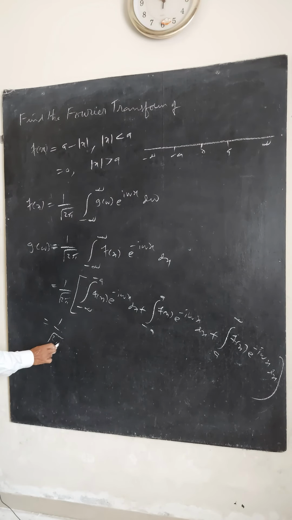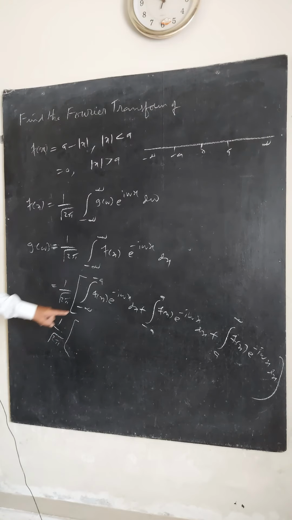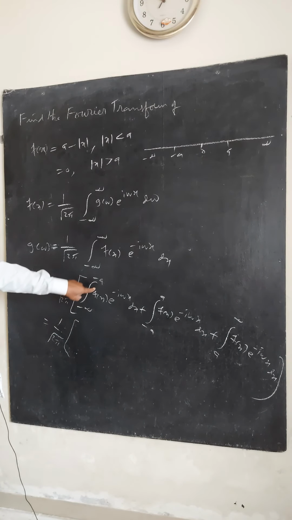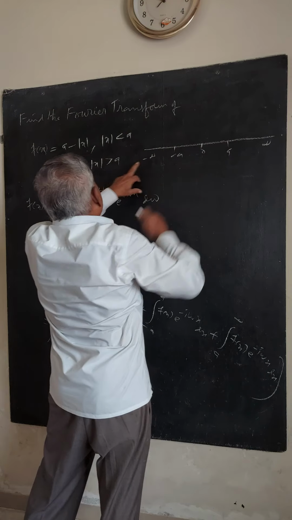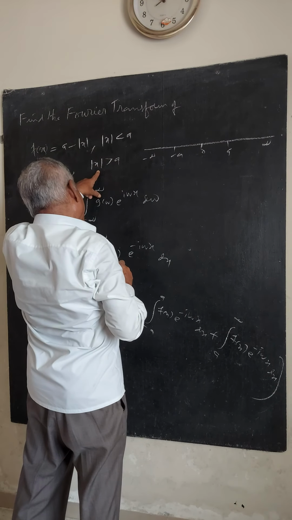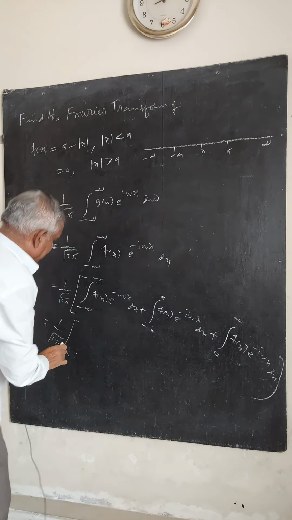1/√(2π). The first part, −∞ to −a, is the outer area, so f(x) is 0 here.